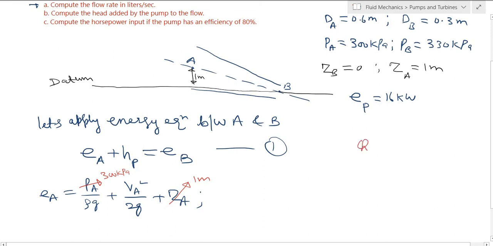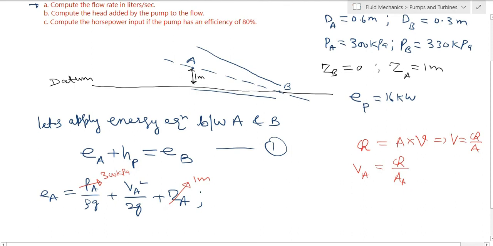Let the discharge be Q, then we know Q is equal to cross-sectional area A multiplied by V, velocity. What does that mean? Velocity is equal to Q divided by A. Now VA is equal to Q divided by AA, means AA means cross-sectional area at A, right?